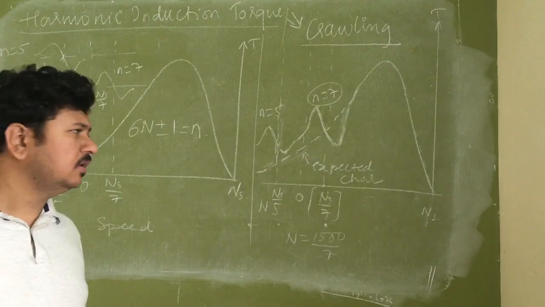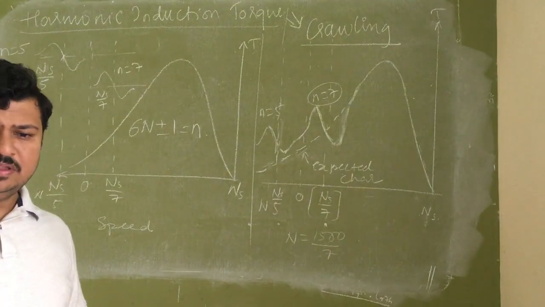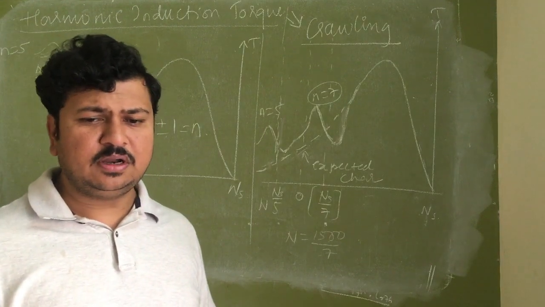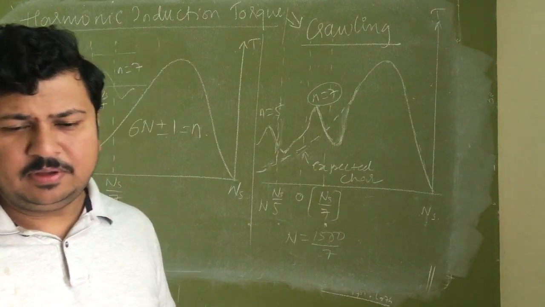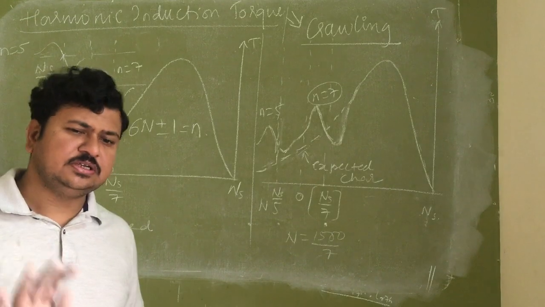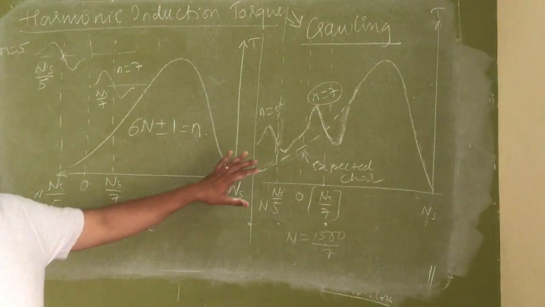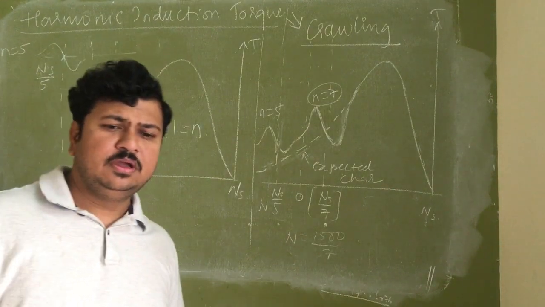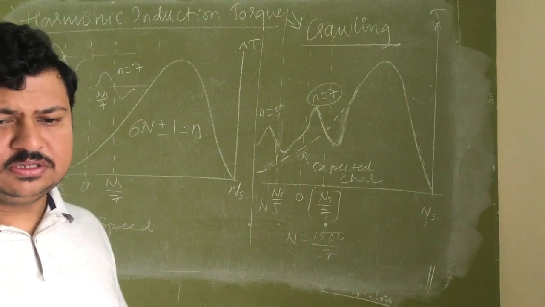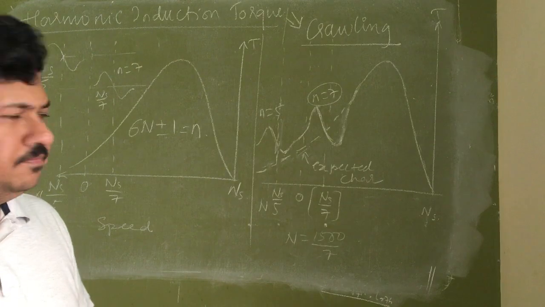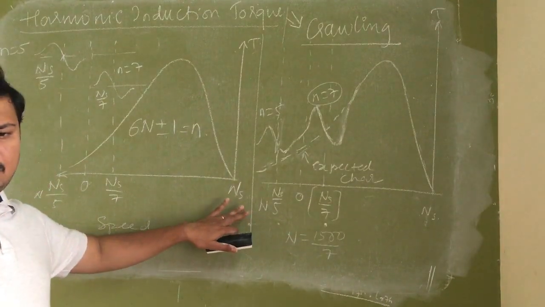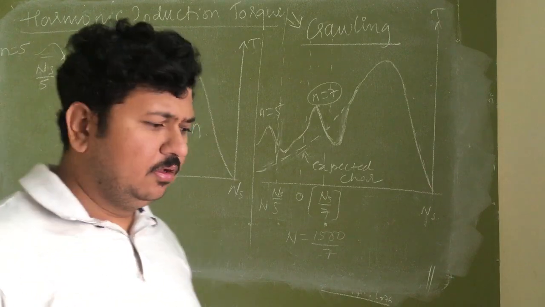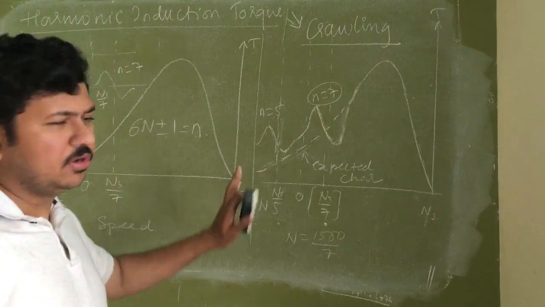Because of the distributed winding in the rotor, the harmonics in the induced EMF, induced current and induced flux will be eliminated because of the winding structure itself. So we don't observe these effects. Harmonic induction torques we don't observe dominantly in the slip ring induction motor. Okay, so this is one point which we have to take into account when we design a rotor.